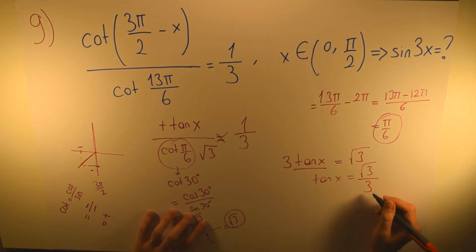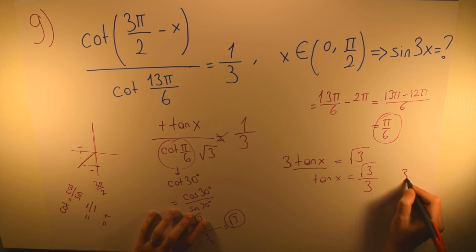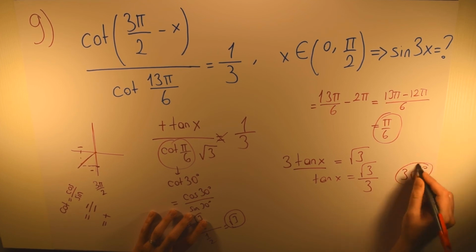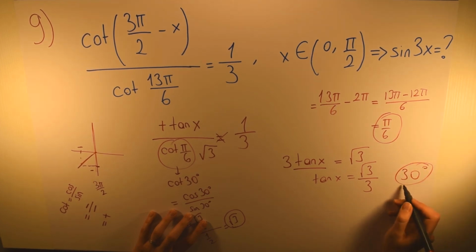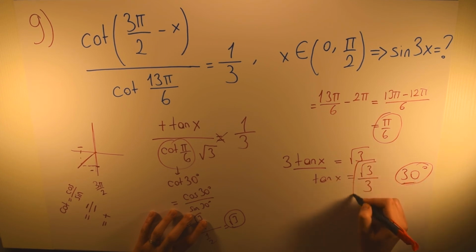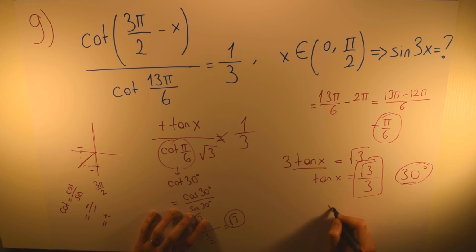Which angle has its tangent value as square root of 3 over 3? It is 30 degrees, right? Since we know tangent 30 degrees is equal to this one, x is equal to 30 degrees.